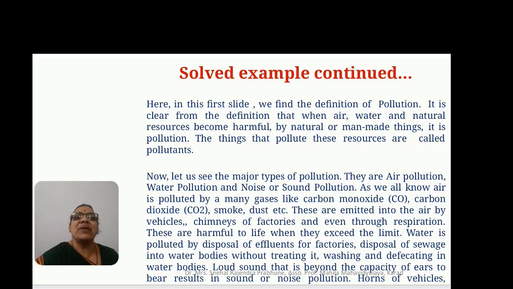Now, let us see the major types of pollution. They are air pollution, water pollution, and noise or sound pollution. As we all know, air is polluted by many gases like carbon monoxide, carbon dioxide, smoke, dust, etc. These are emitted into the air by vehicles, chimneys of factories, and even through respiration.